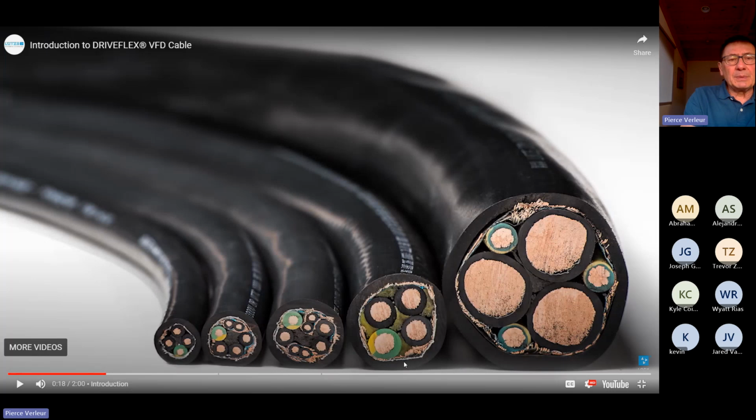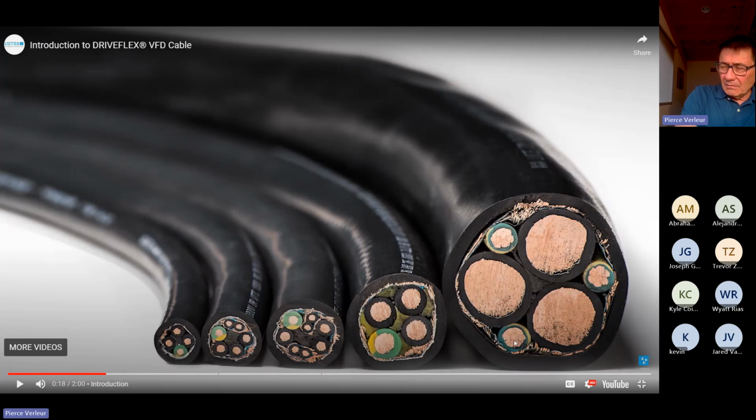VFDs, because of their pulsating output, create common mode noise. This is the common, or the ground in this case. Common doesn't always need to be ground. In some circuits, it's floating. In the VFD circuit on the power end, it's ground.